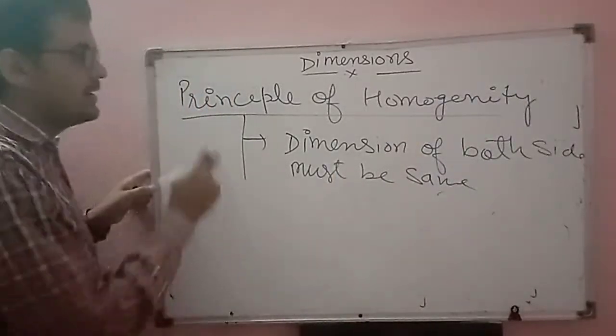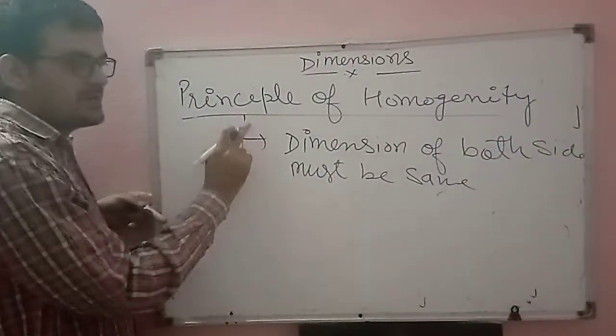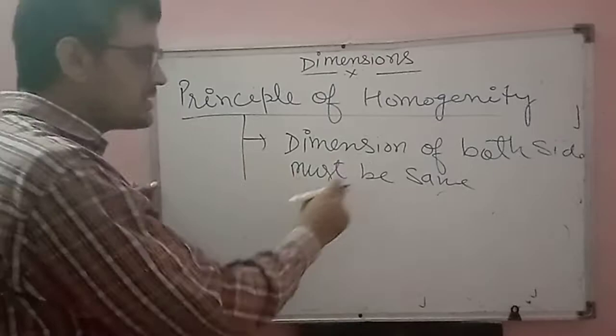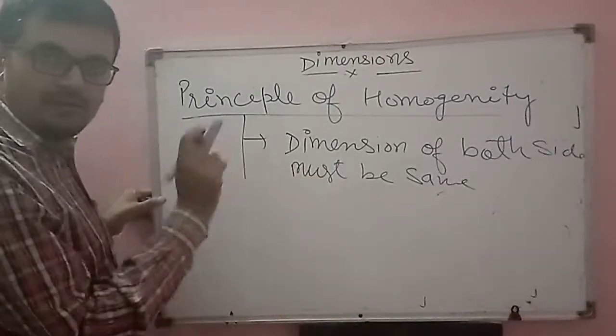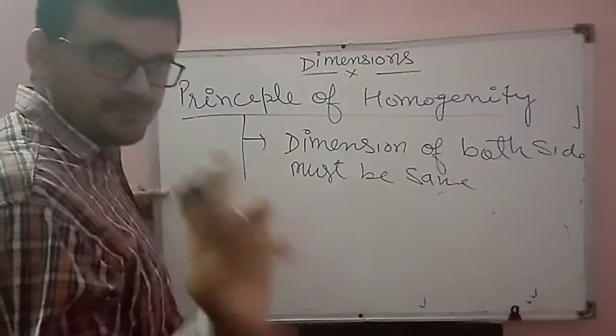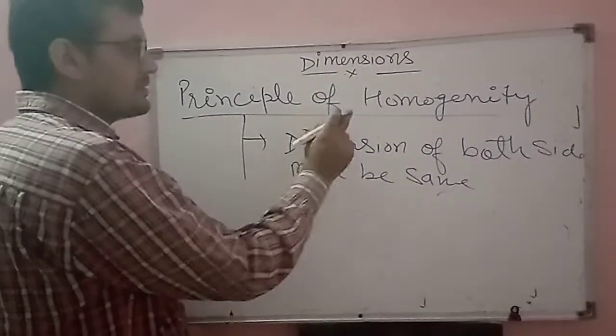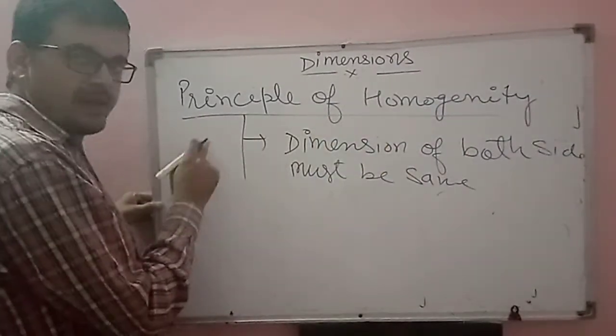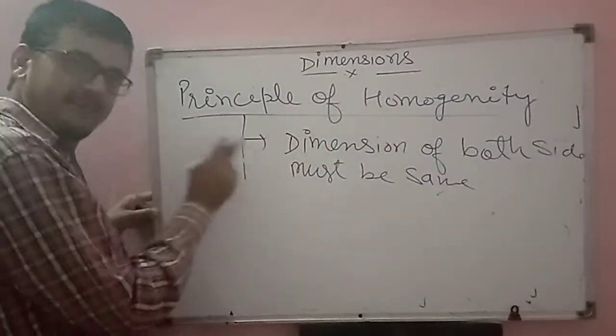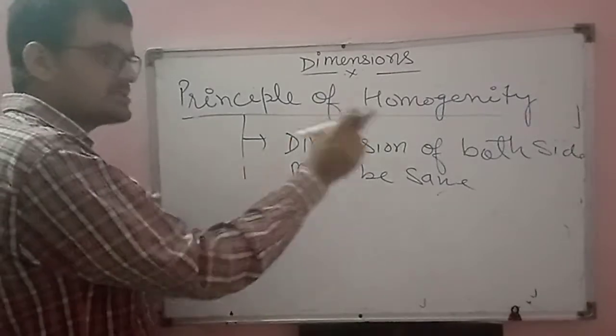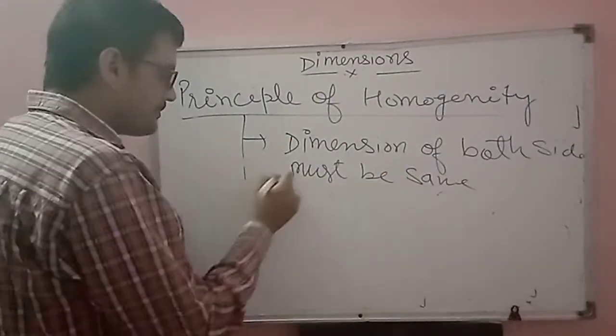This is the first point. According to the principle of homogeneity, in any physical equation, the dimension of both sides must be the same.